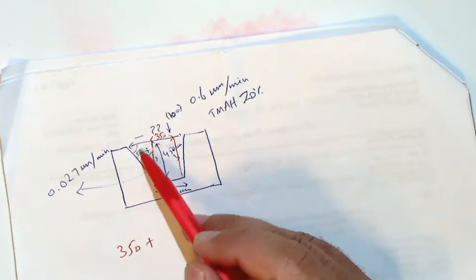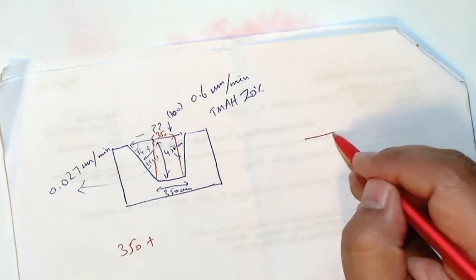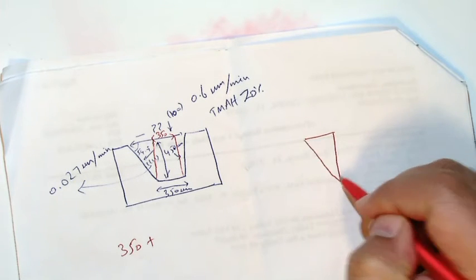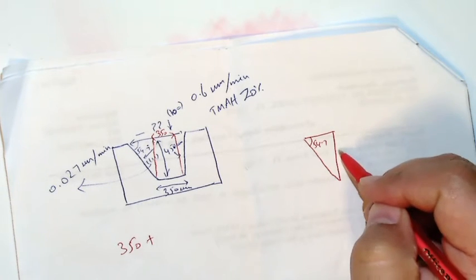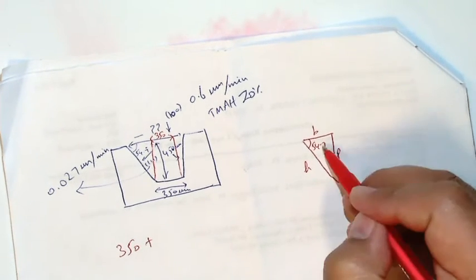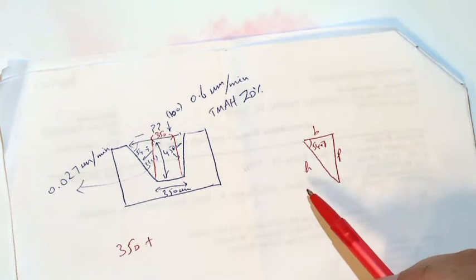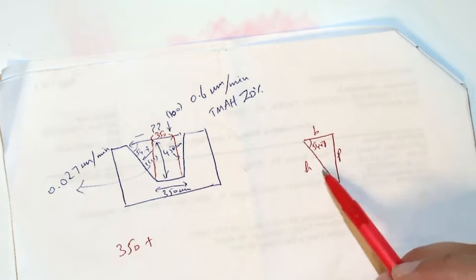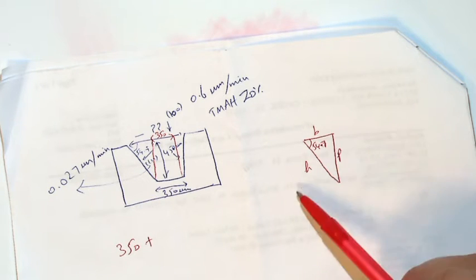So at one side, if we look at this triangle, so it looks like I'm just redrawing it, 54.7, and this is the perpendicular, this is the base, this is hypotenuse, right? Okay, I can use sine theta or cos theta, and the formulas involve the perpendicular and hypotenuse, and base and hypotenuse, right?